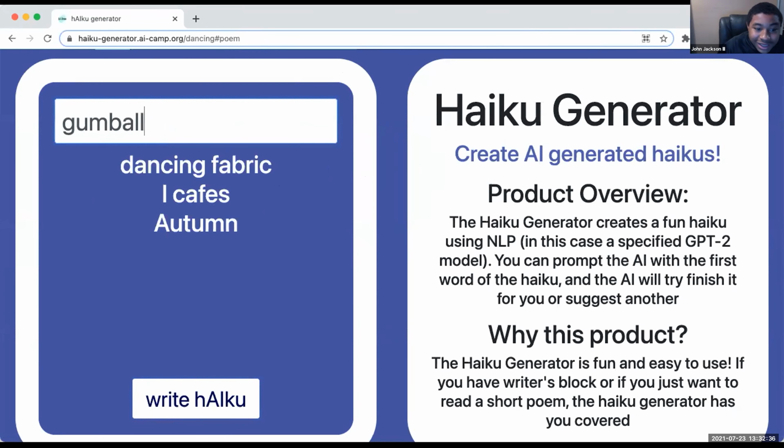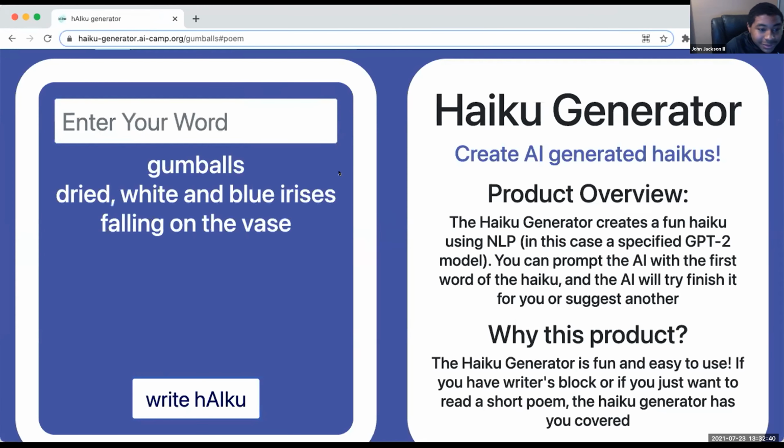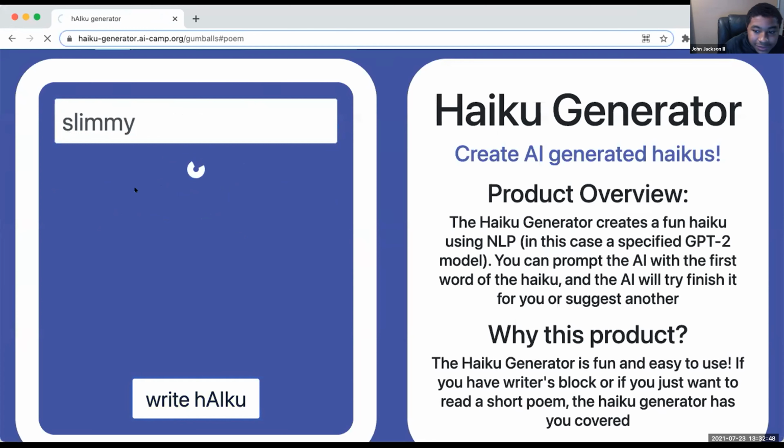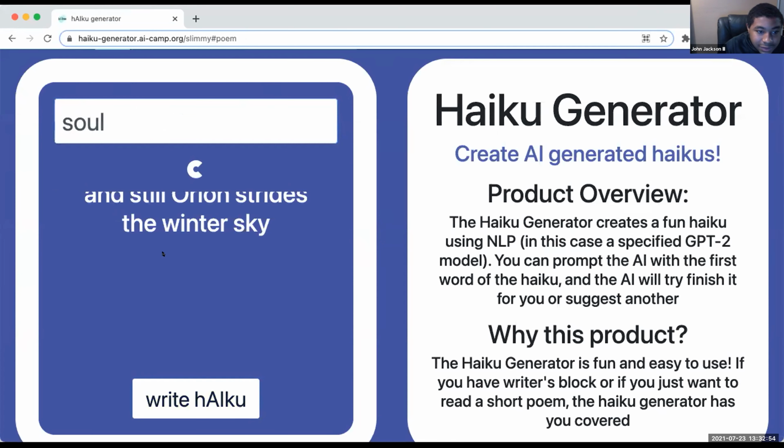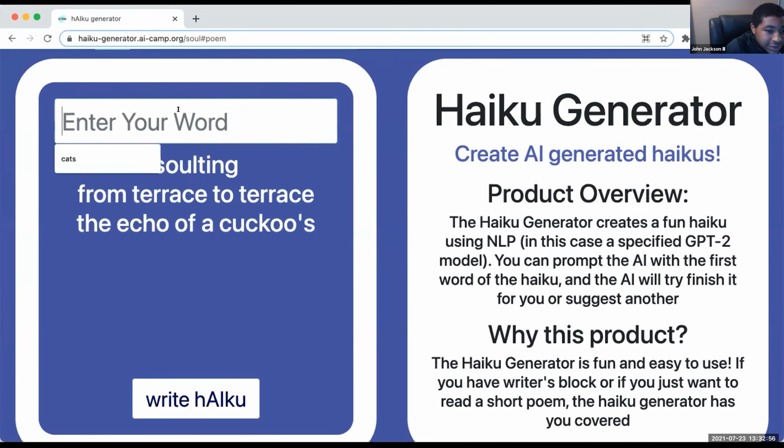Dancing fabric, iCafes, autumn. Gumballs, dried white and blue irises, falling on the vase. Slummy of revival and still Orion.